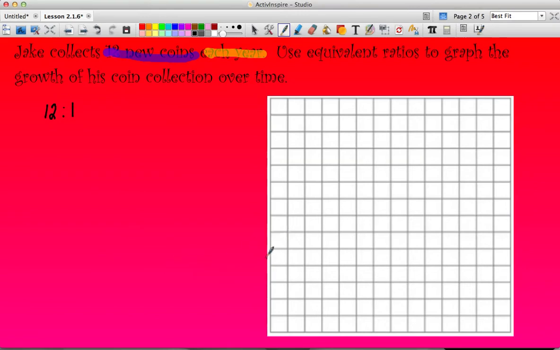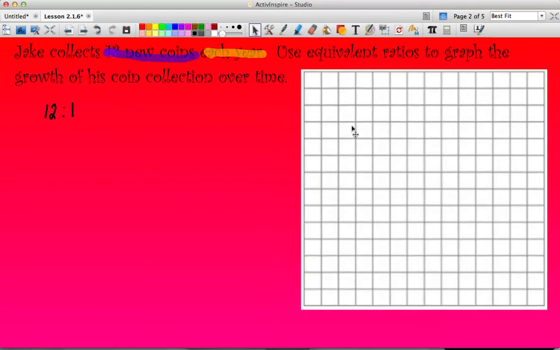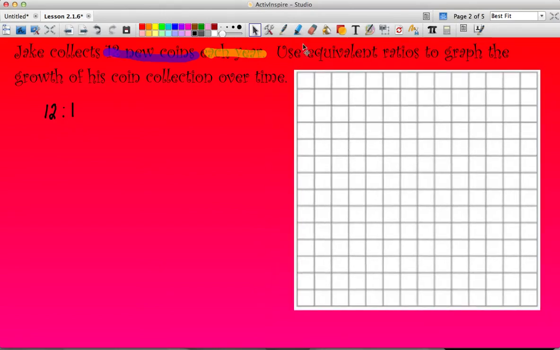There's lots of important parts of graphing. The first important part is making sure you have labels and appropriate intervals. So in this case, if I'm going to put the time on bottom, and I'm going to move this up a little bit so we have some space to work, I need to write that I'm putting years on bottom. And then on the side, I would need to label it as coins.